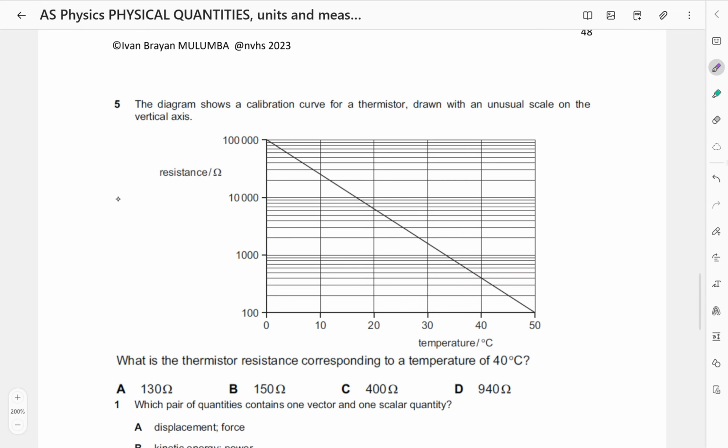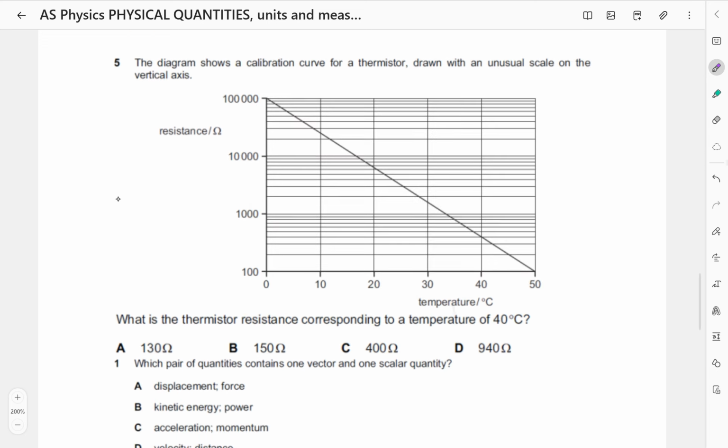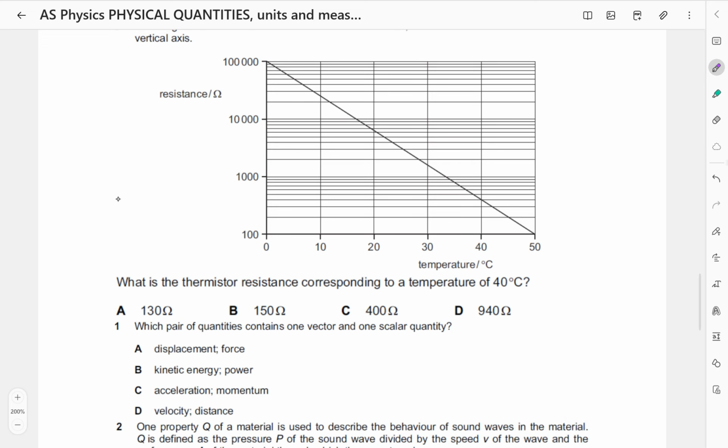The diagram shows a calibration curve of a thermistor drawn with an unusual scale. The scale is unusual on the vertical axis. What thermistor resistance corresponds to a temperature of 40 degrees Celsius? Okay. So let's first find the range, or the representation of one bar here.